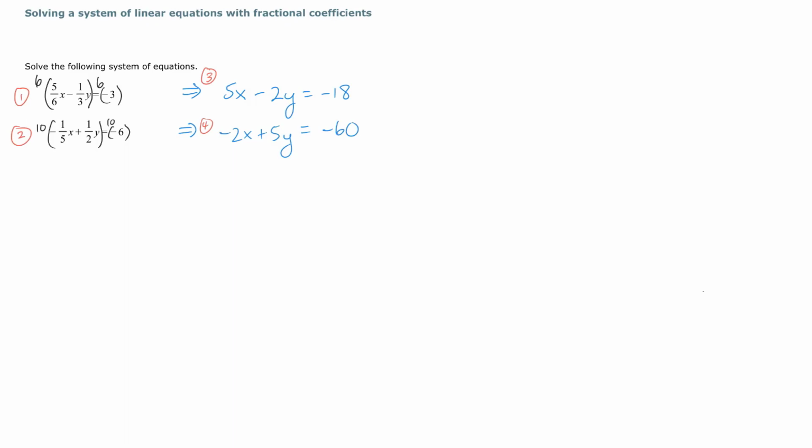What I want to do is go 5 times equation 3, and then 2 times equation 4. What does 5 times equation 3 mean? I'm simply going to multiply both sides by 5. So I would do 5 times negative 18.